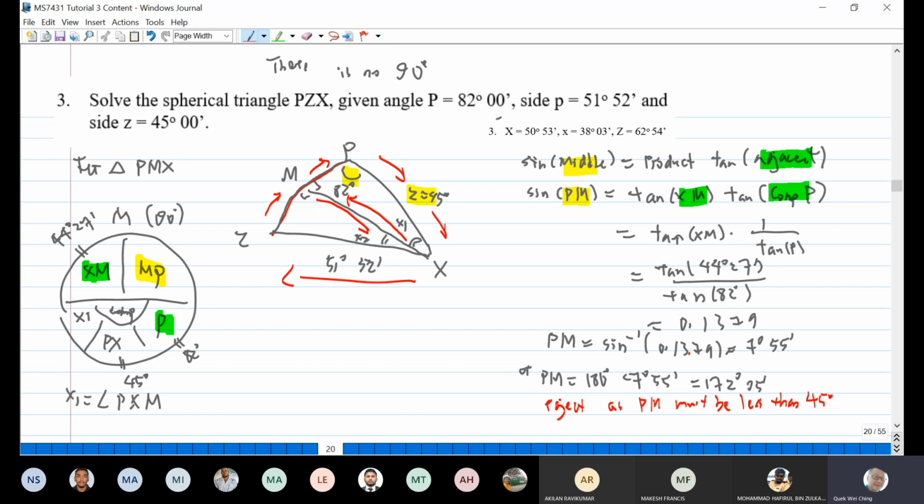The largest angle you can see from here is 90 degree, and the longer side is here. So PM cannot be the longer side. Therefore, it's actually 7 degree 55 minutes. So this is how you get 7 degree 55 minutes.